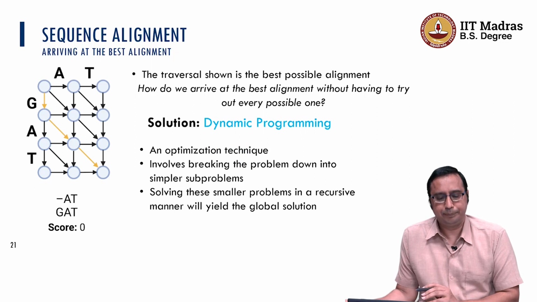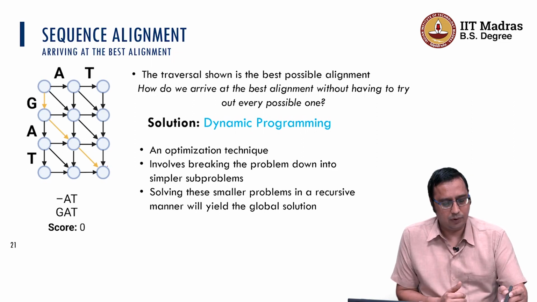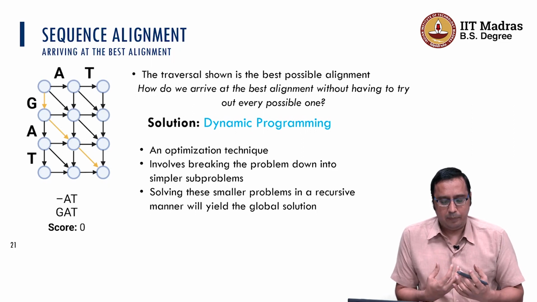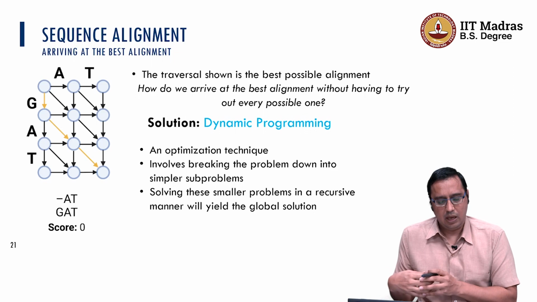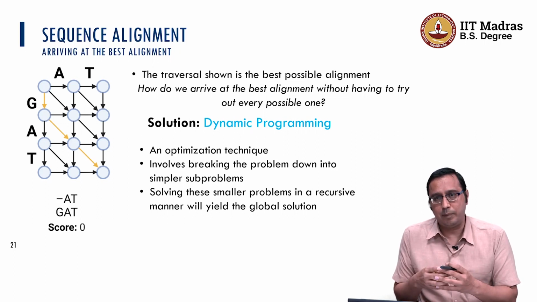So what is dynamic programming? It is an optimization technique, finding the best weighted path from this node to this node. It's an optimization problem. What it does is break the larger problem into simpler sub-problems, and in such a manner that it solves the simple sub-problems recursively so that we yield a global solution. So what we are trying to do here is find a local solution which is also a part of the global solution.